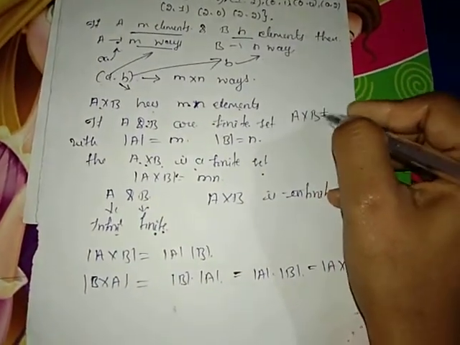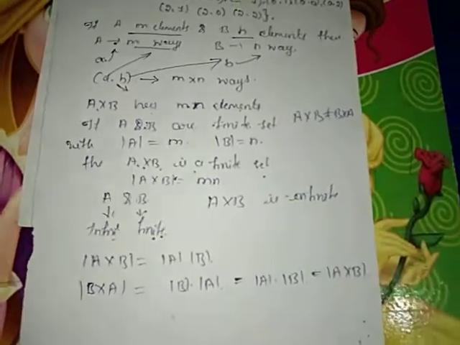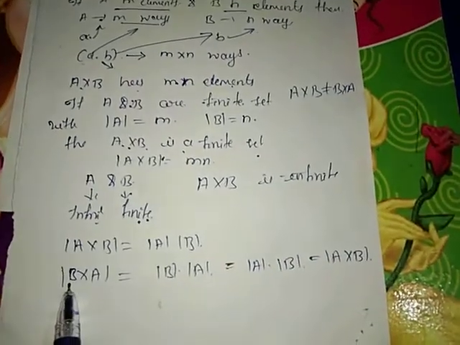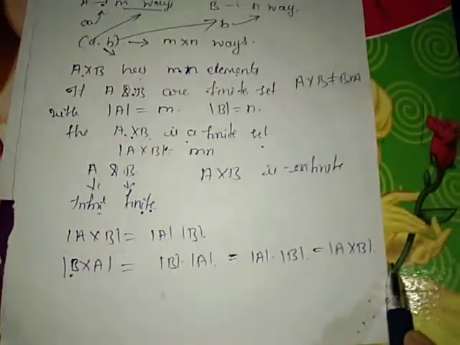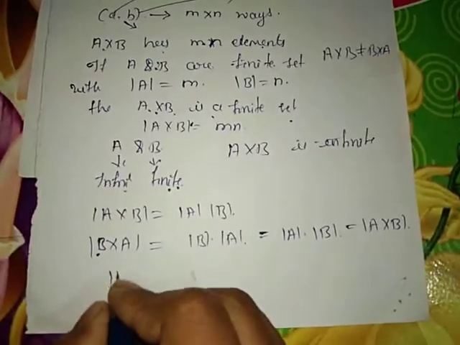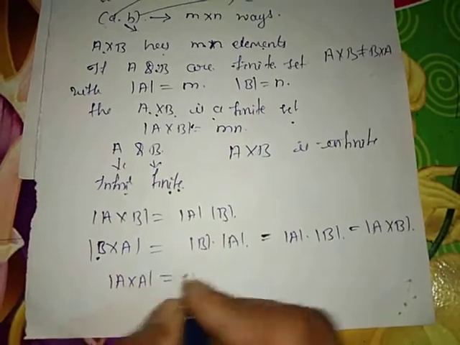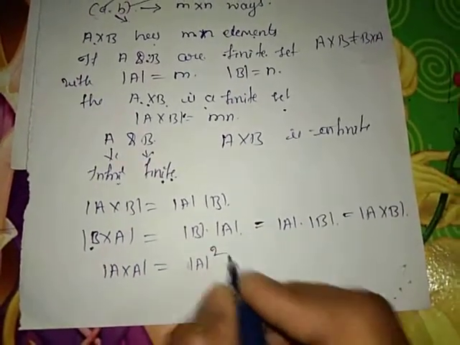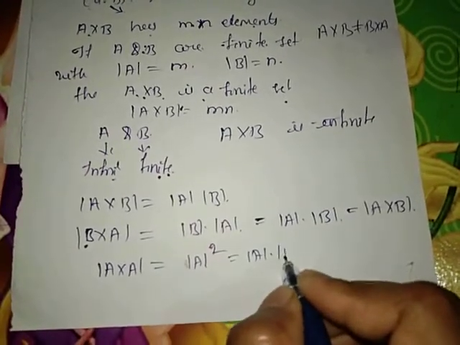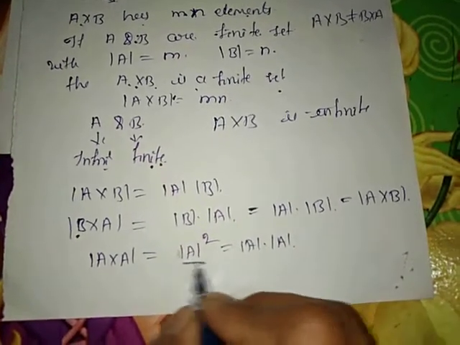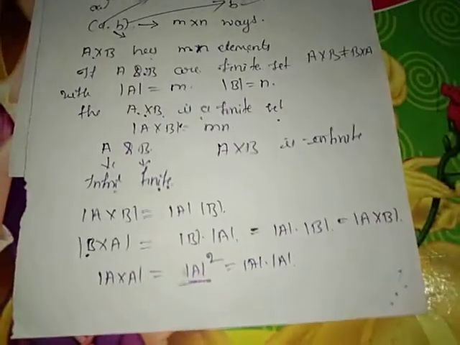But number of elements of B cross A is equal to number of elements of A cross B. And number of elements of A cross A is equal to number of elements of A square, because number of elements of A into number of elements of A is equal to number of elements of A square.